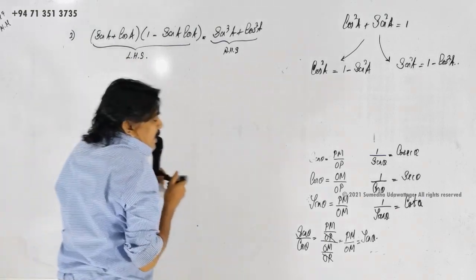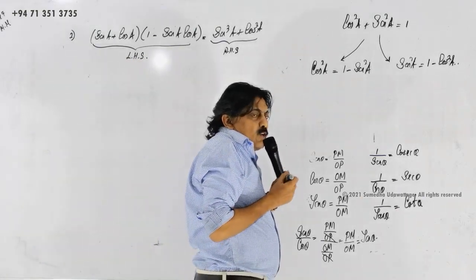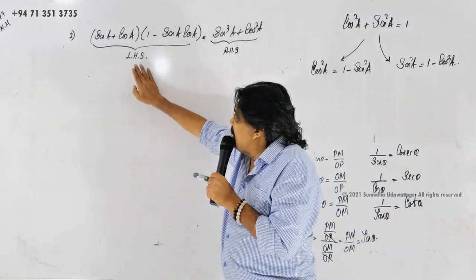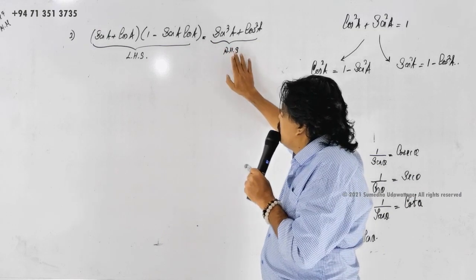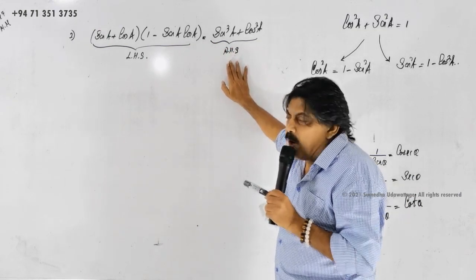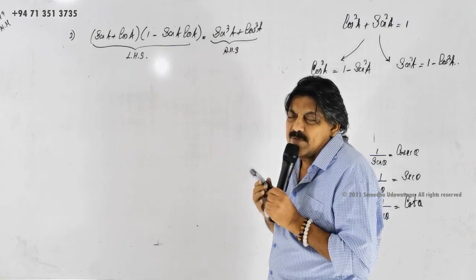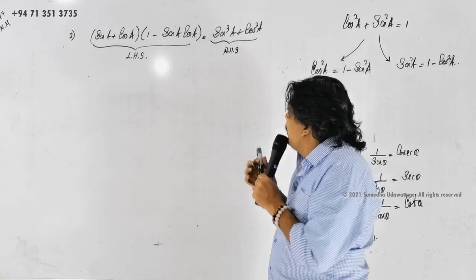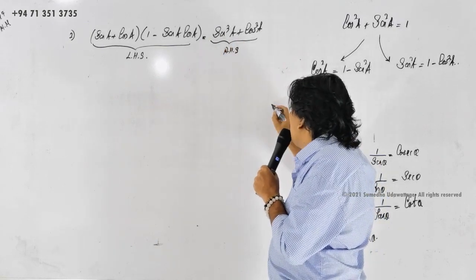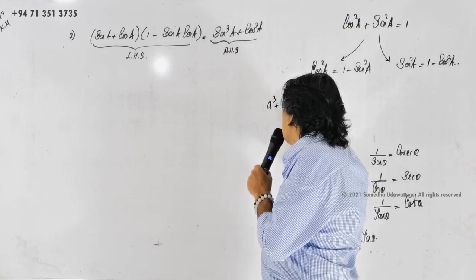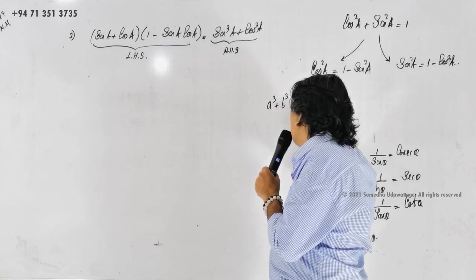Now, in a question, we can either start from left hand side and go to right hand side, or start from right hand side and go to left hand side. Now, when you see this, you can remember the O-level mathematics, the sum of two cubes.